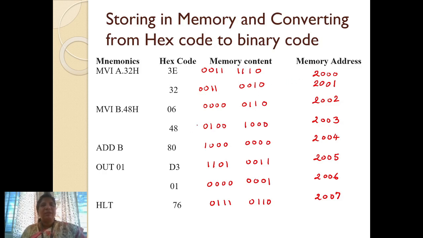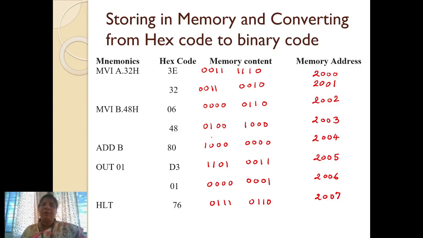For entering the program, we will reset the system by pushing the reset key. Then we will enter the first memory address where the program should be stored, using the hex keys. We are using 2000 here. So we will enter the 2000 memory address and then enter each machine code by pushing hex keys.